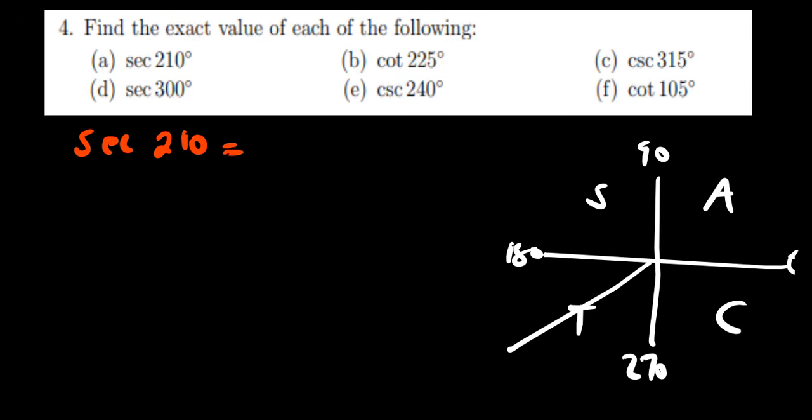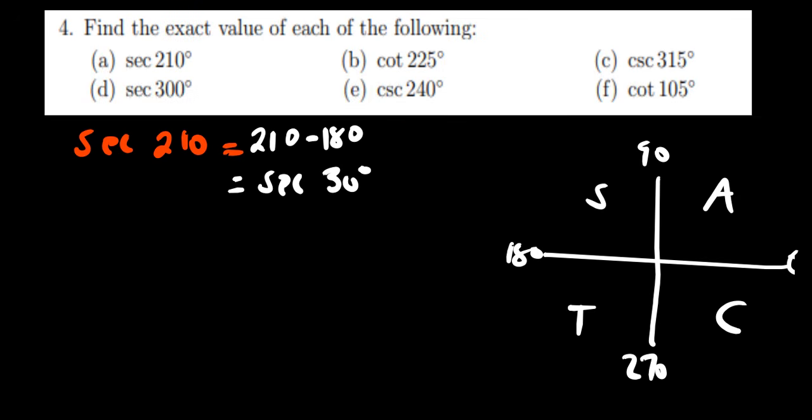Everything else is negative, so our answer is going to be negative. Sec 210 will be the same as, because it's in the third quadrant, we subtract 180 degrees, so sec 210 minus 180 is 30 degrees.